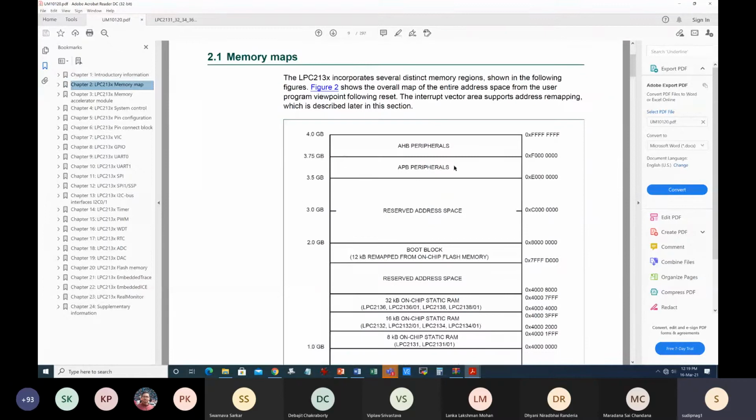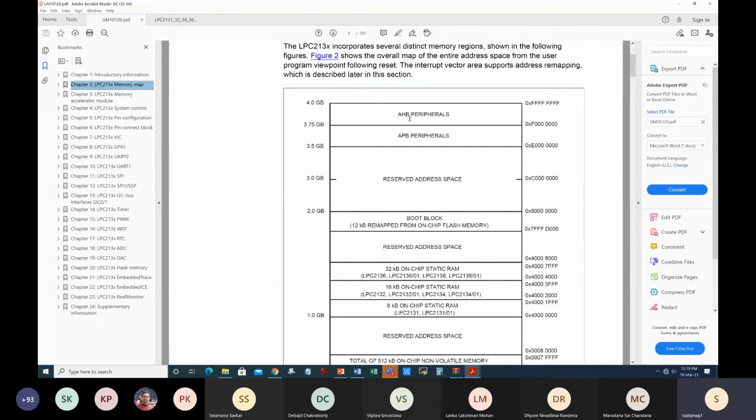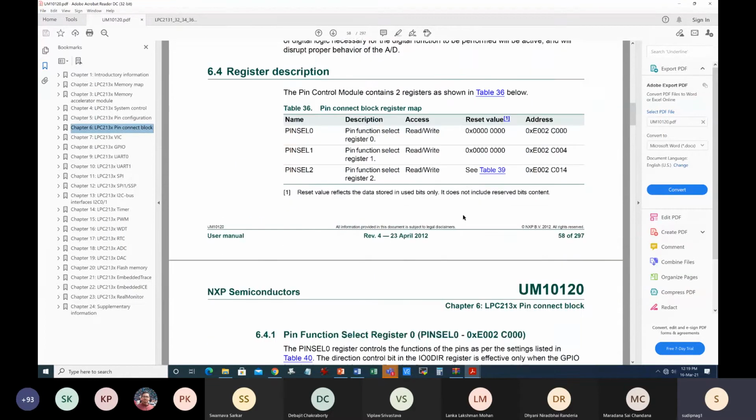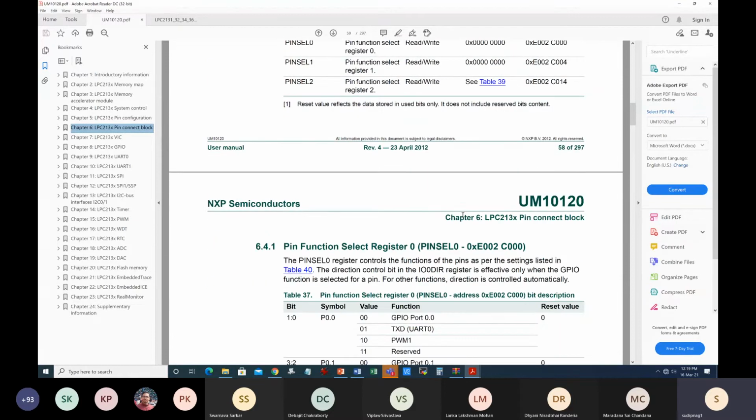Basically those addresses are mapped somewhere in these APB peripherals, in the E series, after E whatever number. For that particular register PINSEL0, we have to look at it bit by bit.